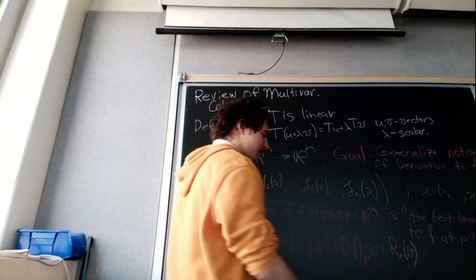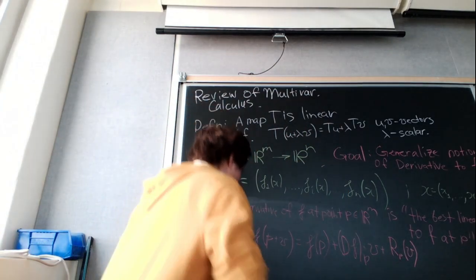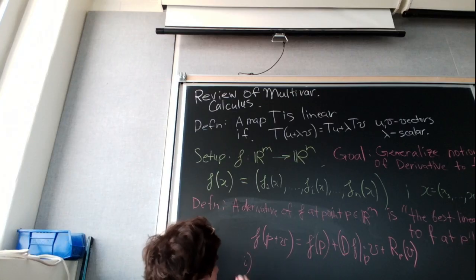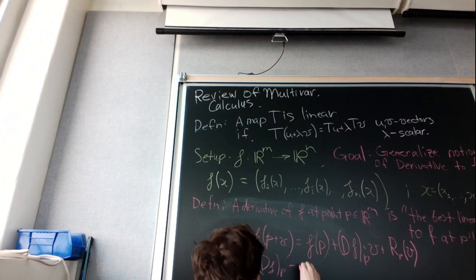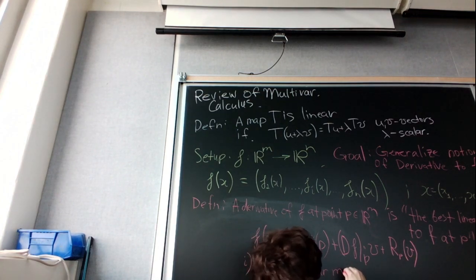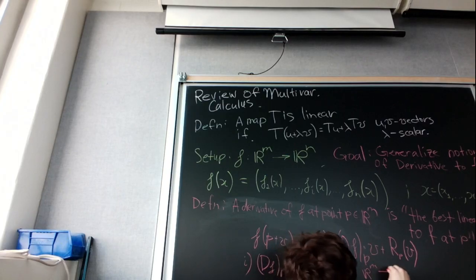Okay, now I need to give conditions on what this is and what this is. So it has to satisfy two things. So first of all, this df at point p is a linear map from Rm to Rn.